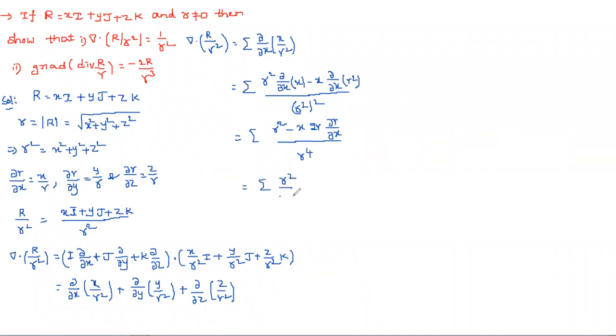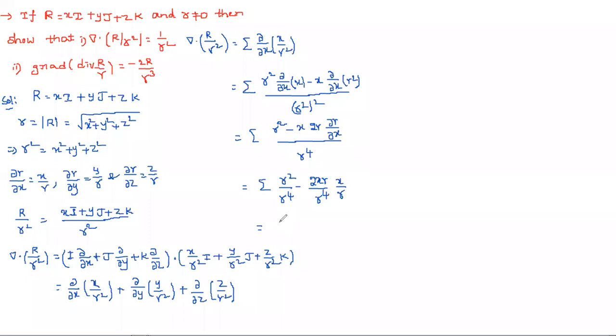R square by r power 4 minus 2xr by r power 4 into ∂r/∂x sum. That is nothing but x by r, right? So this is x by r.